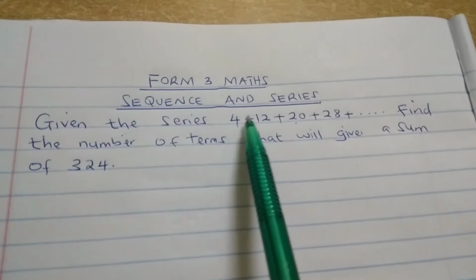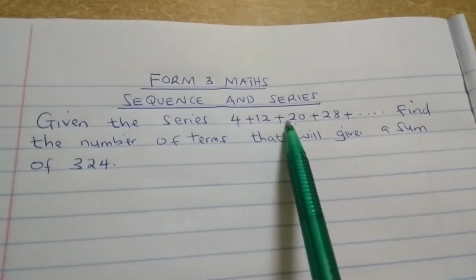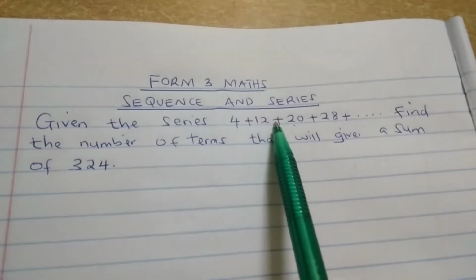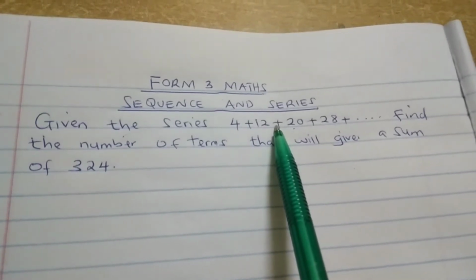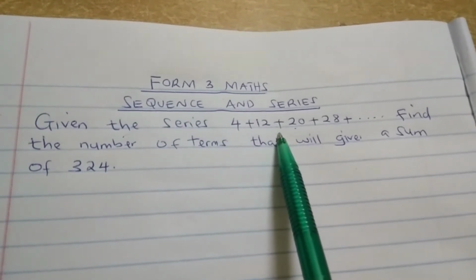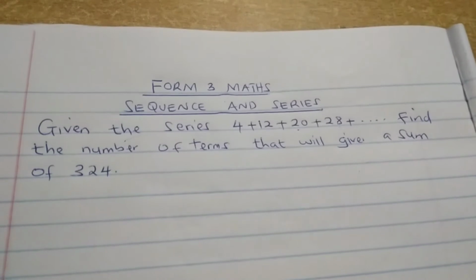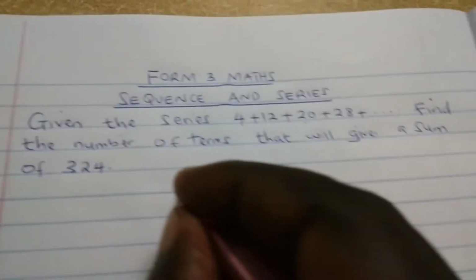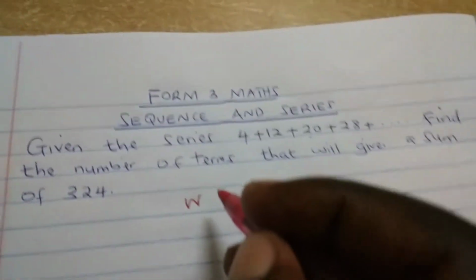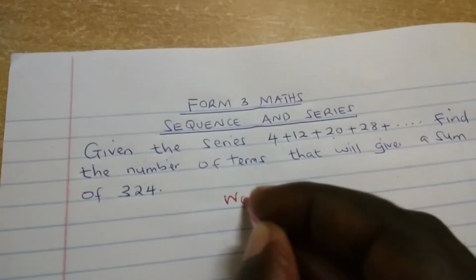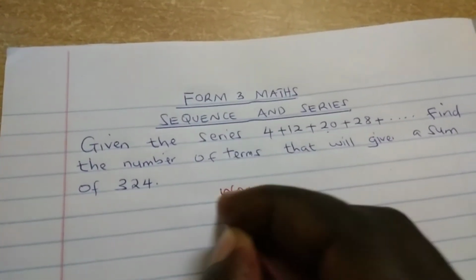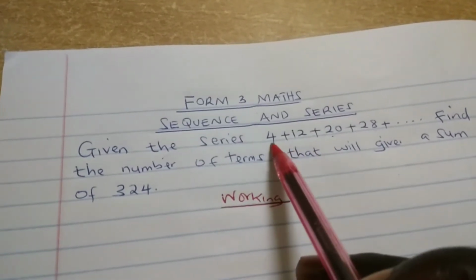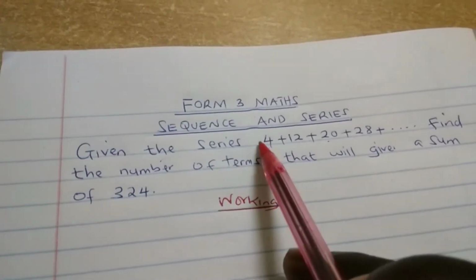But before you do this question, you're supposed to ask yourself, does this series belong to an arithmetic progression, AP, or a GP? So let us look at the working. If you look at the first term and the second, they differ by 8.